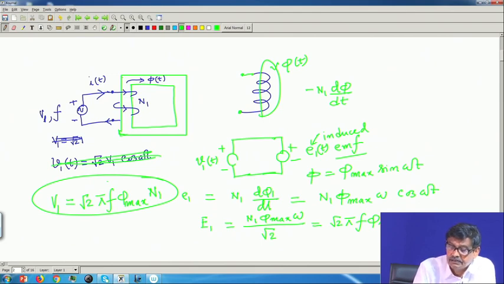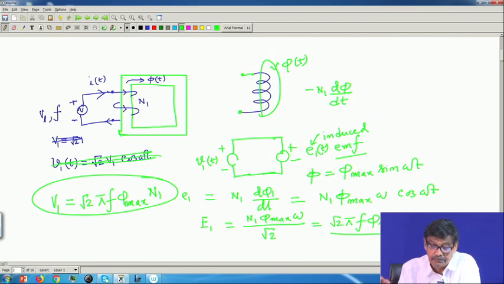Therefore, phi created inside the core of this magnetic material will be time dependent and vary sinusoidally, and if this flux varies sinusoidally, then Faraday tells us that across these two points there will be an induced voltage. What is the magnitude of this induced RMS voltage? It is root 2 pi f phi max into N1.